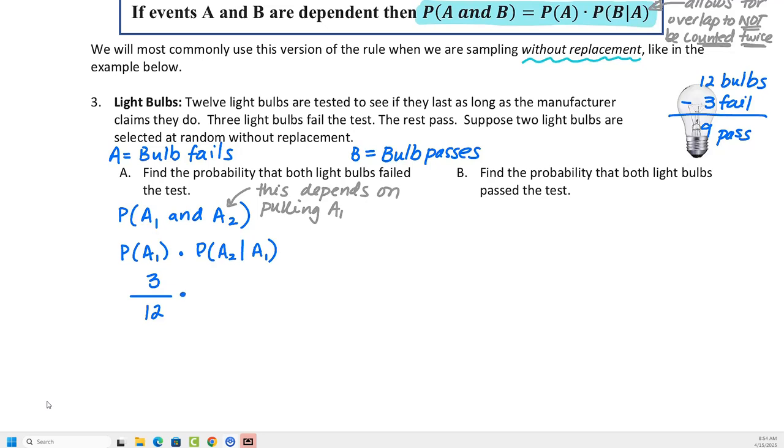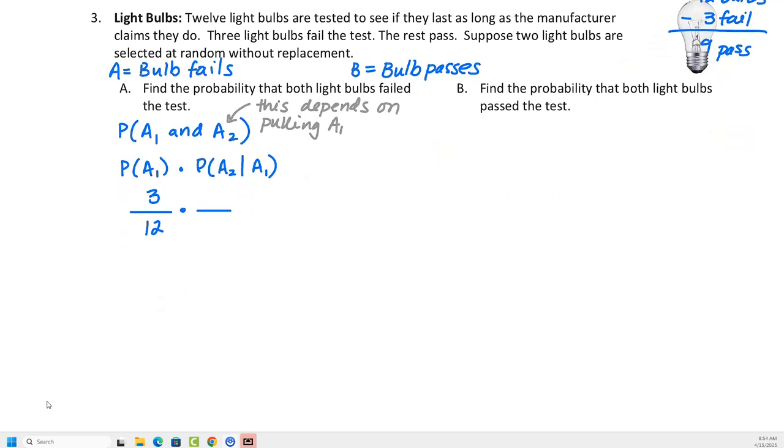Are you okay with that? Notice now for the second one, how many bulbs do we have to choose from given that we've already chosen one bulb? If we had 12 bulbs and we take one out, how many do we have left? So we have 11 bulbs to choose from now.